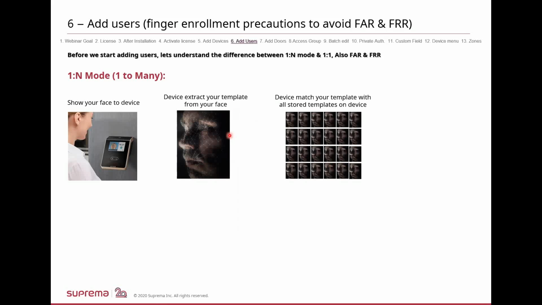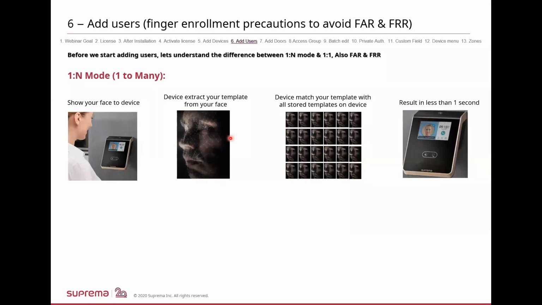It takes your template and compares it with all the templates stored in the device. If we call this 1 and this N, this is what we call 1-to-N: your live template, which the device has taken, against all the stored templates. Then it will show the result as successful, and this will take less than 1 second.